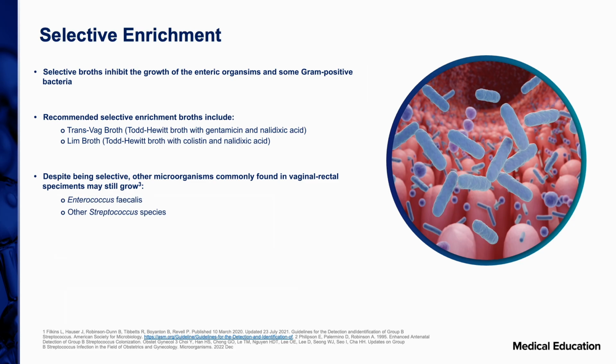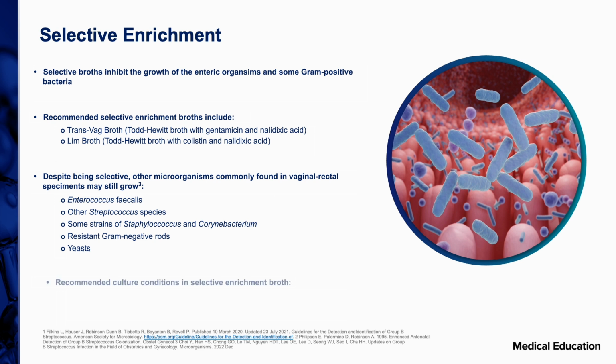It just helps when it's enriched first, when it gets plated, in order to make sure at least group B strep has now been maximized. But some of the other organisms you see on the screen are well known to these laboratory groups, and we say, oh yeah, of course, those also grow on the plates and need to be ruled out.